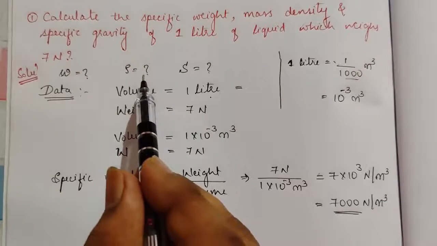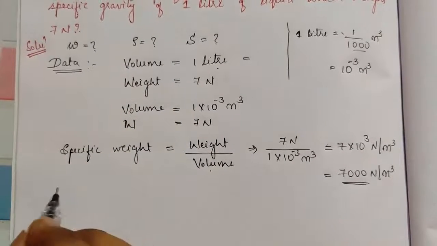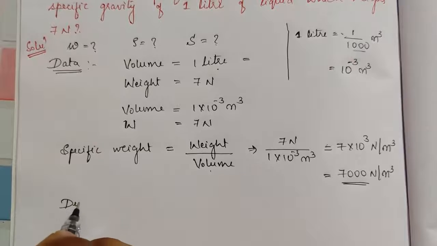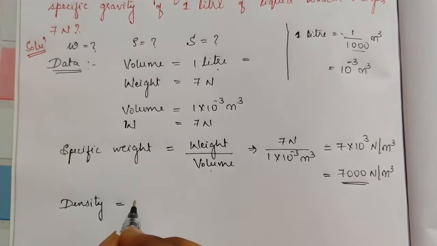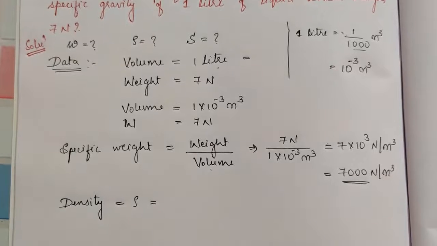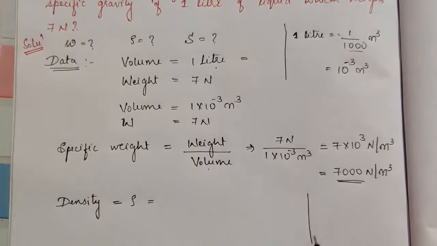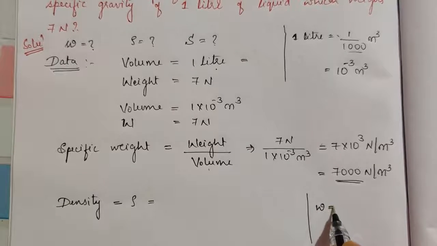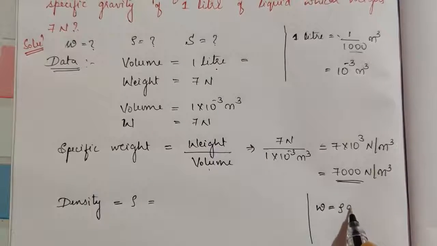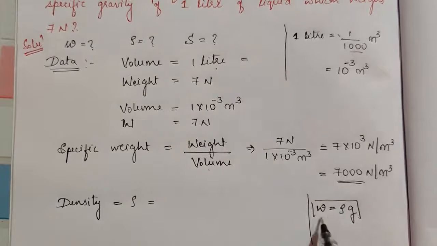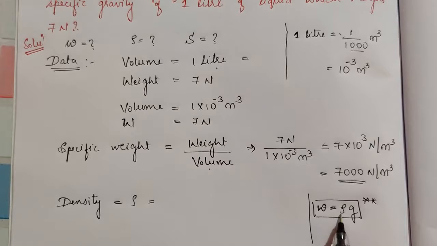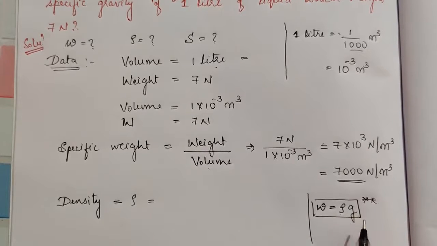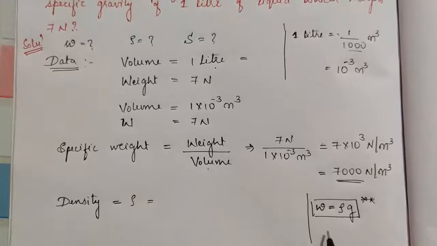Next, what they have asked? They have asked for density. So mass density or density is equal to, what is the notation? We have a relation between the specific weight and density: specific weight is equal to mass density into g, where g is acceleration due to gravity.